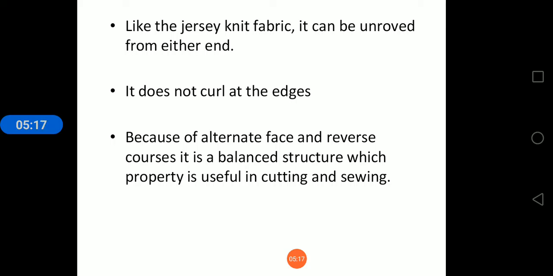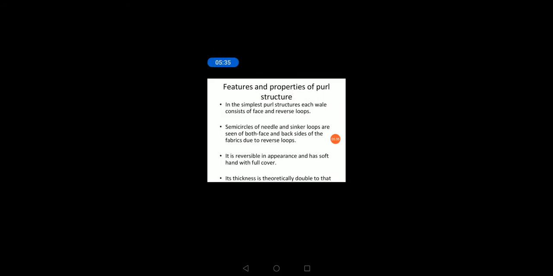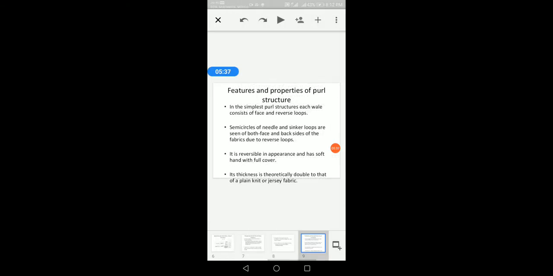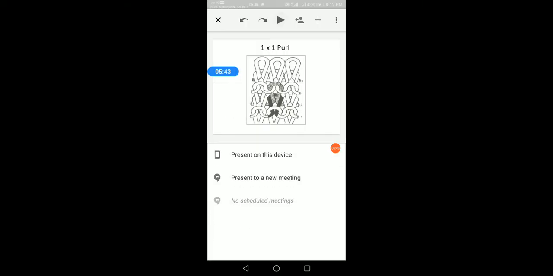Why? Because the alternate face and reverse courses give a balanced structure, and this property is very useful. In the simplest form, the purl structure consists of face and reverse loops, with semicircles of needle and sinker loops seen on both face and back sides of the fabric.